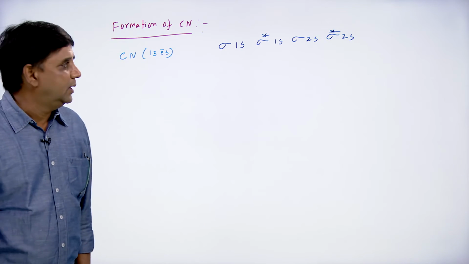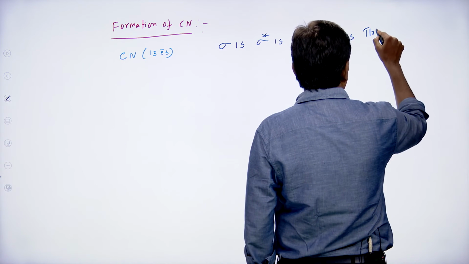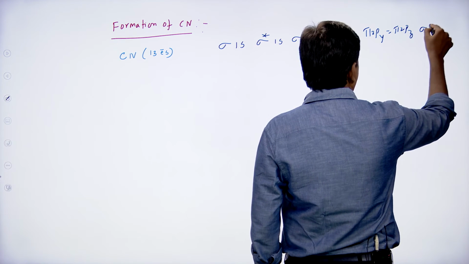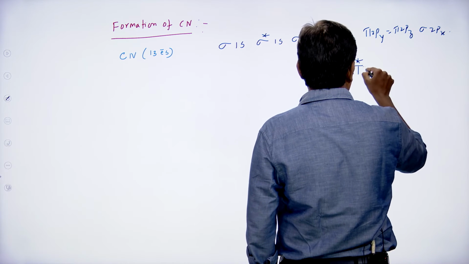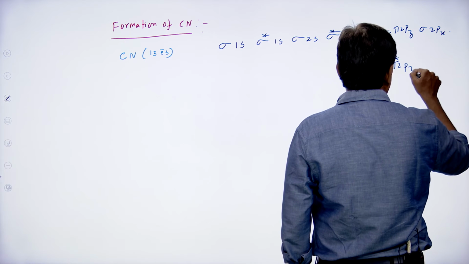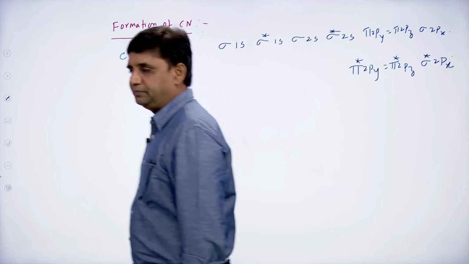And this is common. Here also sp overlapping is possible, therefore pi 2py will come first, and pi 2pz and sigma 2px, and then pi star 2py is equal to pi star 2pz and sigma star 2px is the order.